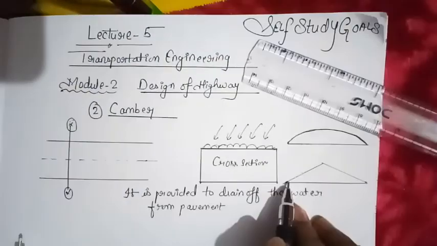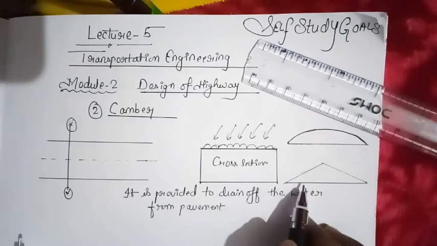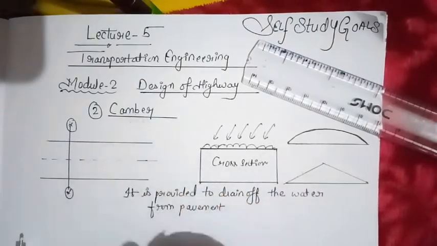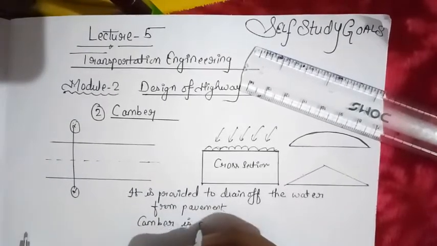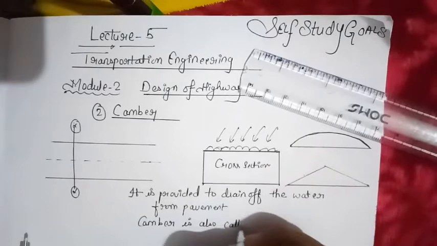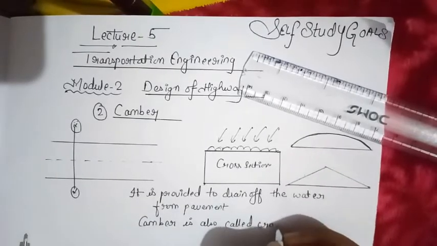So we will provide some slope in the cross sectional area, which is known as the cross slope or a camber. So camber is also known as cross slope.